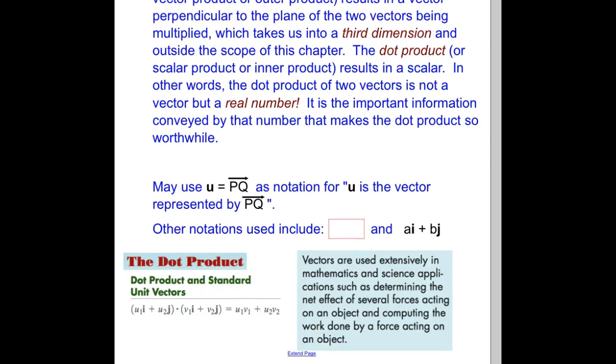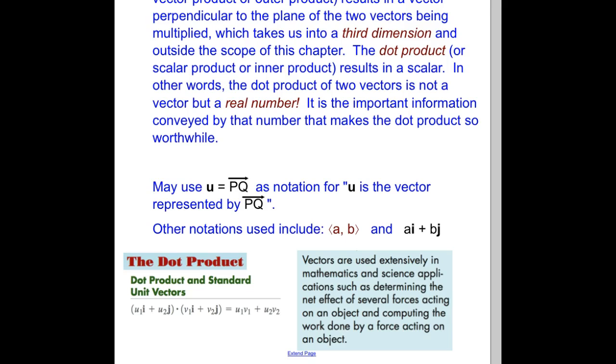All right, a couple things just to refresh your memory. When we talk about vector u equaling that arrow PQ, remember we can pick that arrow up and move it anywhere in the coordinate plane. It's still the same vector, right? The notations. We've been using that first one. It's called Chevron notation, okay, where you have the first component, second component. Keep in mind that's equivalent to saying ai plus bj.